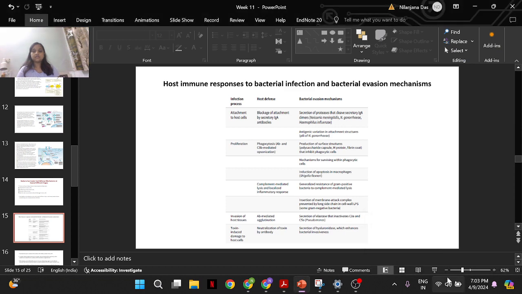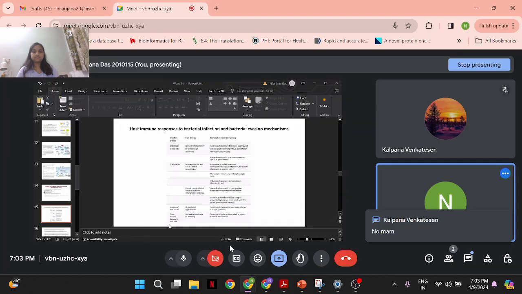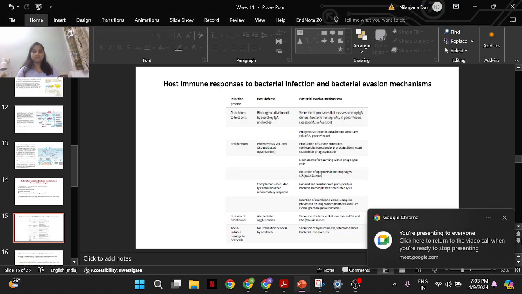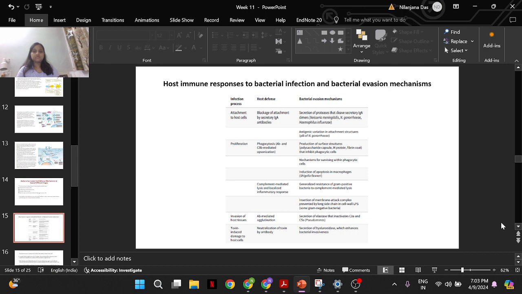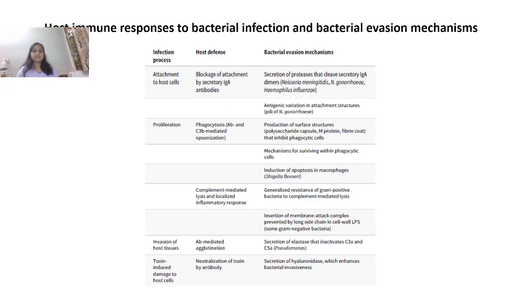So these are the different strategies by which bacteria can evade our response. For example, attachment to host cells. If some bacteria is trying to attach to the host cells, there is IgA antibodies, as I told, which block this attachment by secretory IgA antibodies.